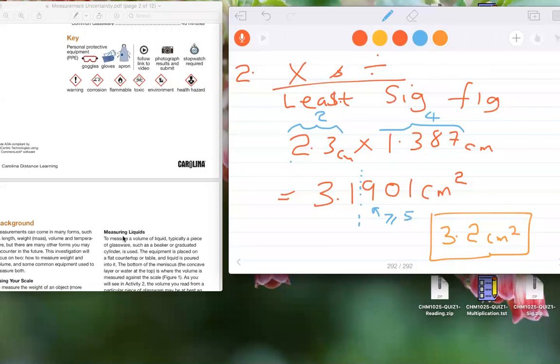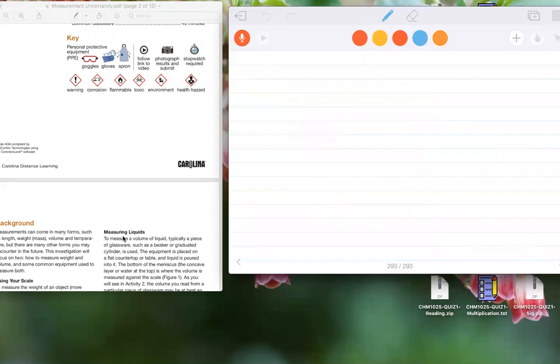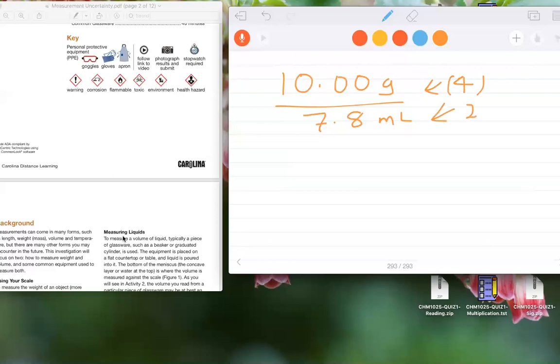If you are dividing numbers, for example, density is mass over volume. If the mass is 1.00 grams and the volume is 7.8 ml, if you divide this, one has 4 significant figures and this one has 2 significant figures.